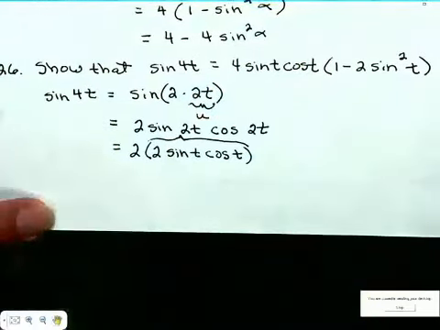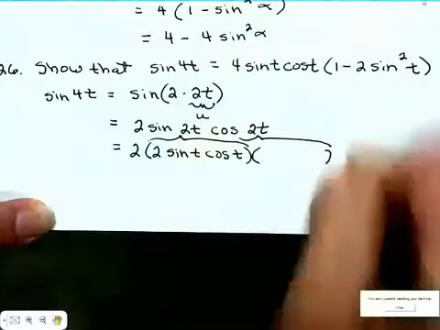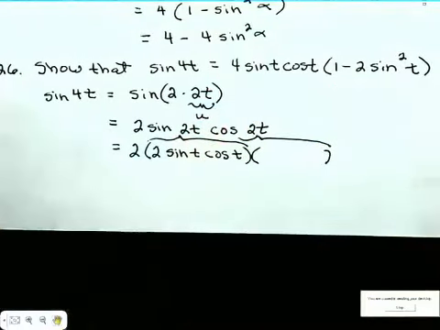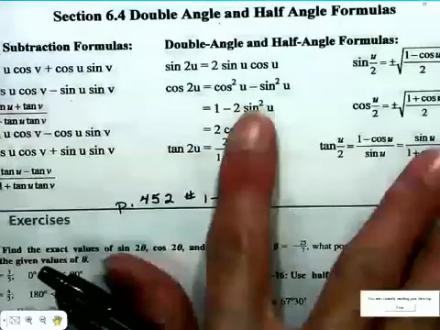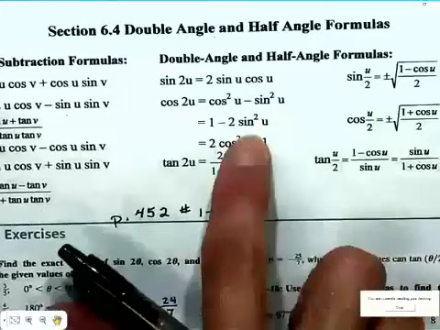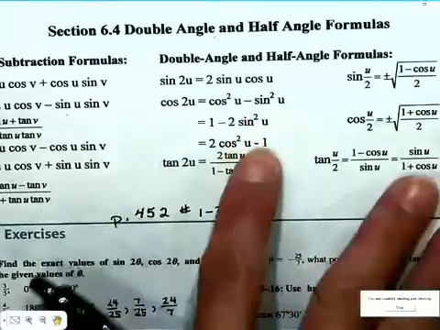And then look at my formulas. For cosine 2t, that's the one I have 3 choices. I could use cosine square minus sine square, or 1 minus 2 sine square, or 2 cosine square minus 1.